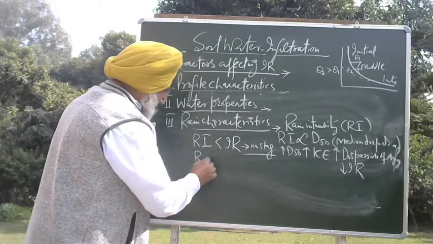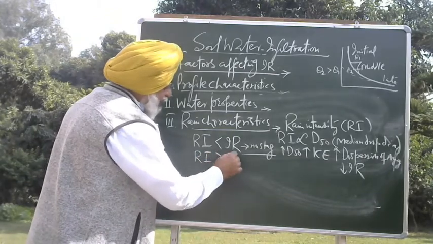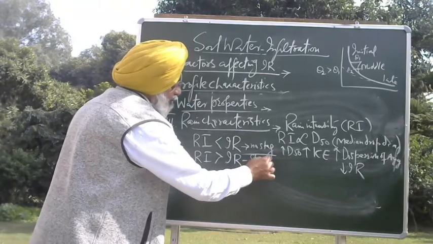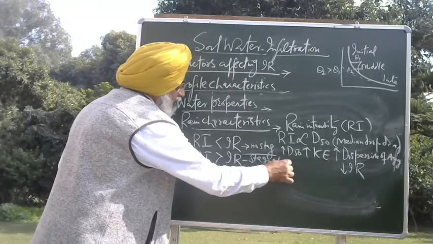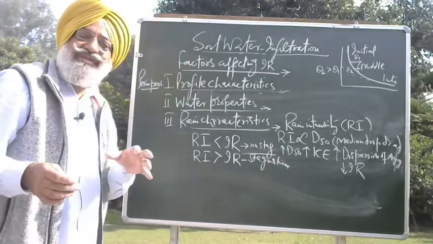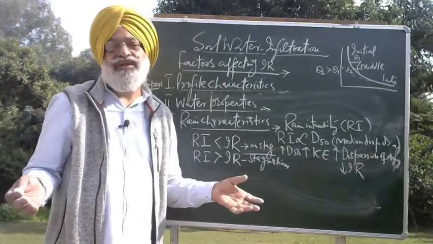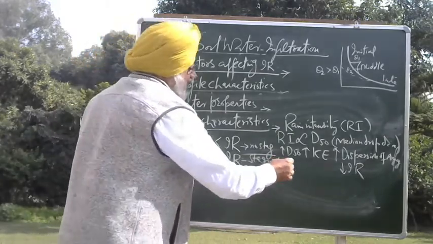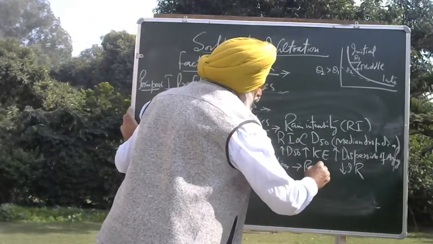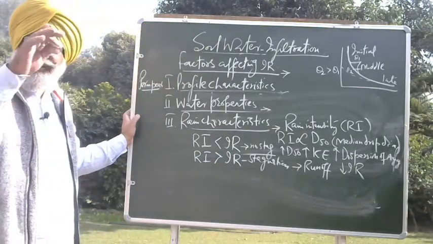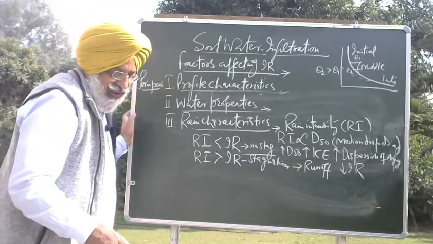But if your rain intensity is higher than the infiltration rate, then there will be stagnation of water. When water stagnates at the soil surface, there are chances that it may move out of your field, so it could be runoff. This may lead to runoff generation, and the more the runoff, the lesser will be the infiltration.